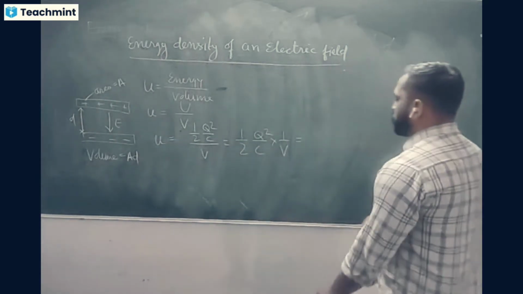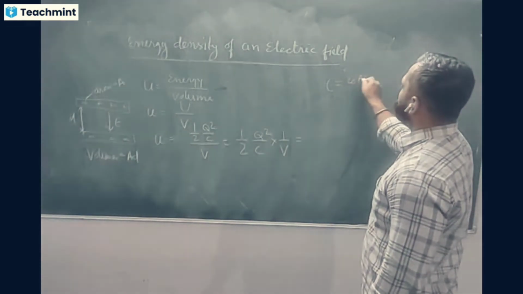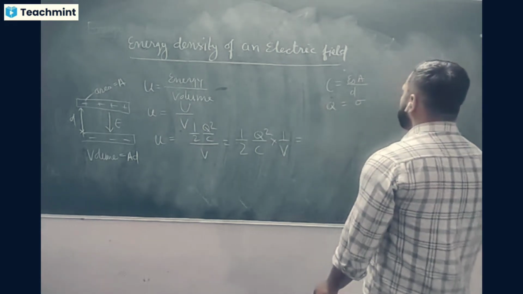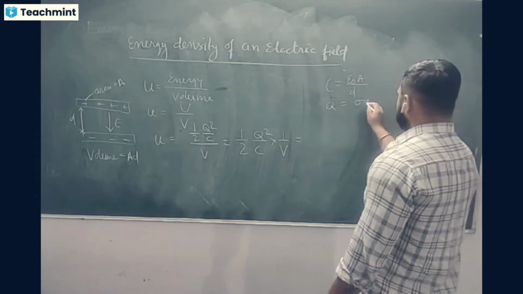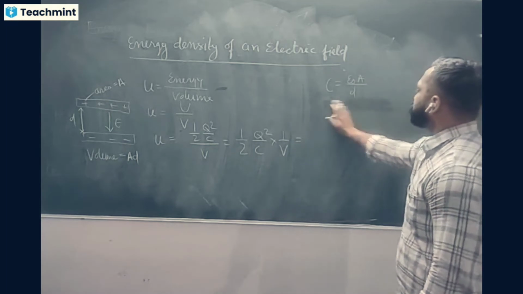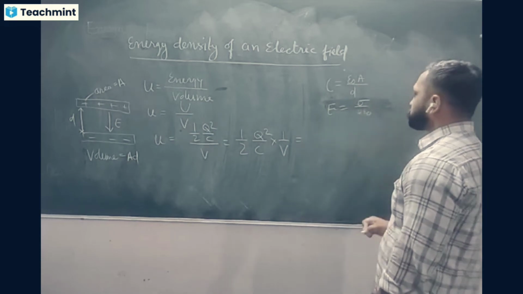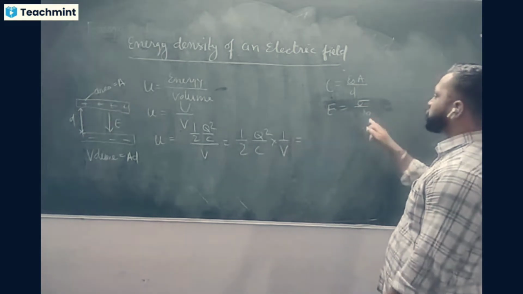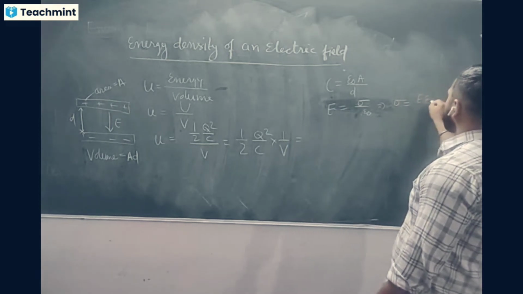Now put all the values. We know that for a parallel plate capacitor the capacitance is given by epsilon naught A upon D, and the charge is given by sigma into A. The electric field between the plates is given by sigma upon 2 epsilon naught; okay, inside the plates it is sigma upon epsilon naught. From here you can find the value of sigma, it is E into epsilon naught.